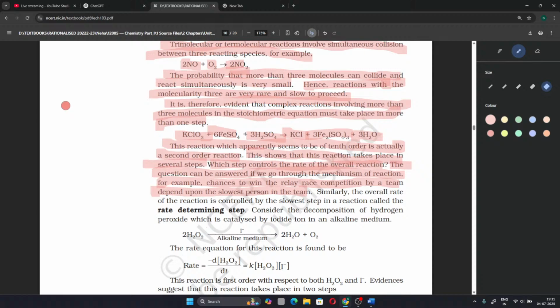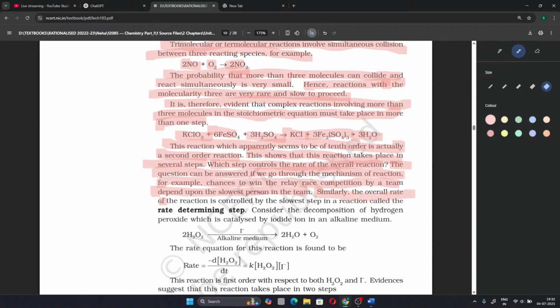Even if all the other players are fast, if the slowest player is very slow and cannot complete the race, others will surpass the team. It means that the race depends on the slowest person. In the same way, the reaction also depends on the slowest step.